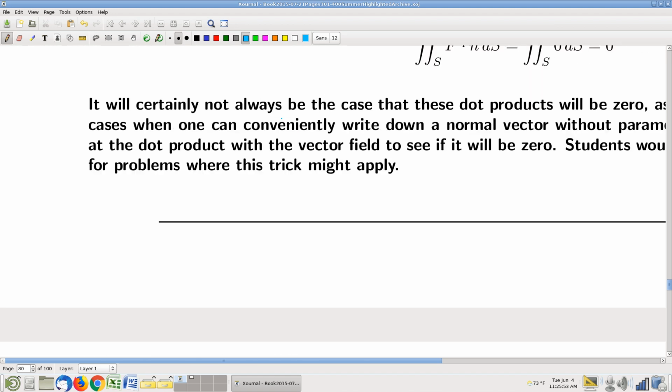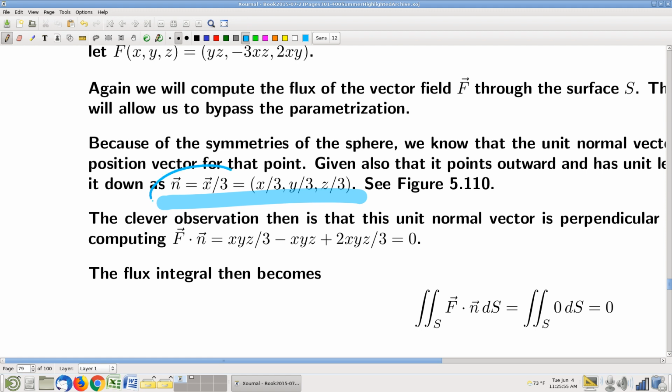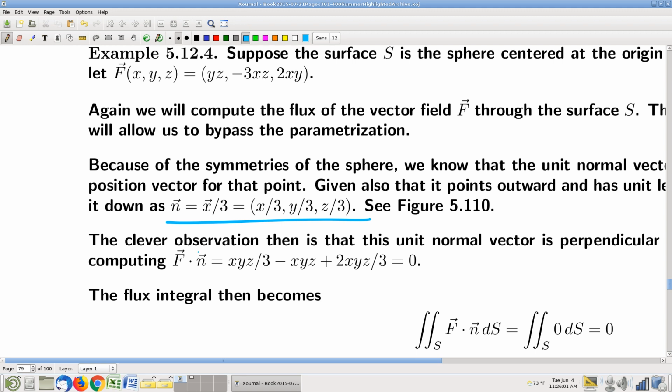And you see this on the previous page up here. N is x over 3. So we can write down a really convenient formula for that normal vector. So notice we have n, a handy little formula. We have f, a handy formula, and f dot n that you see right here. There's my f and there's my n, right?